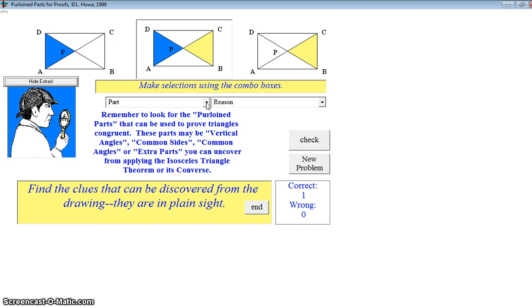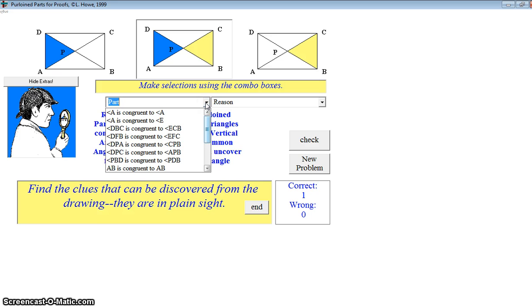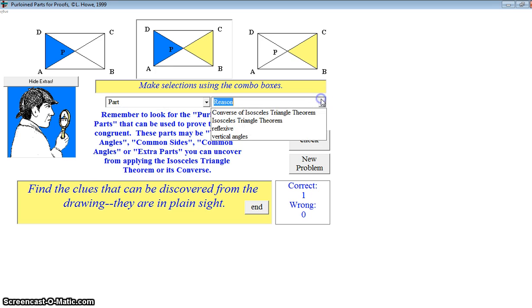So based on the list of parts, vertical angles, common sides, common angles, or extra parts, let's take a look at what the purloined part possibilities are. Which of these do we have? Think the vertical angles here.